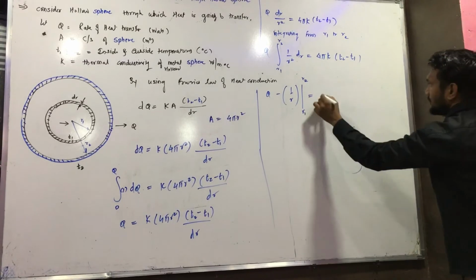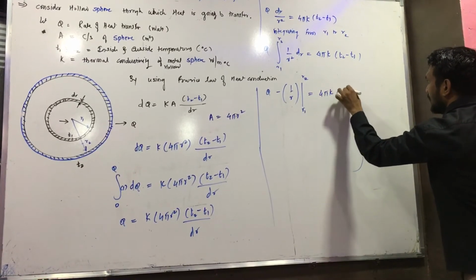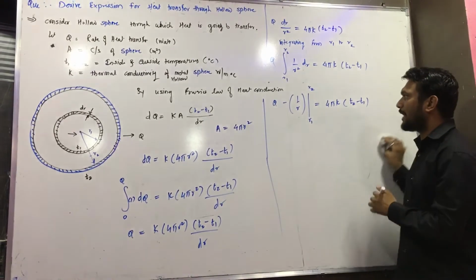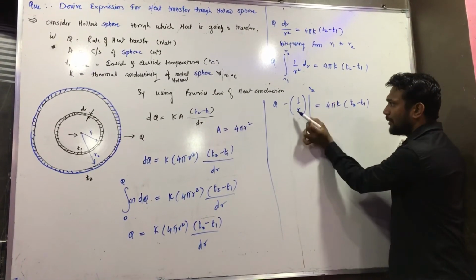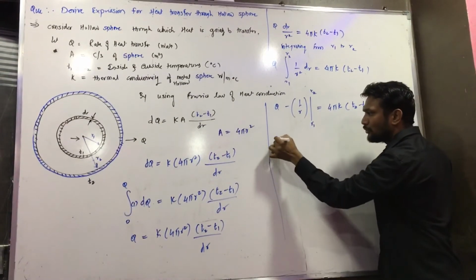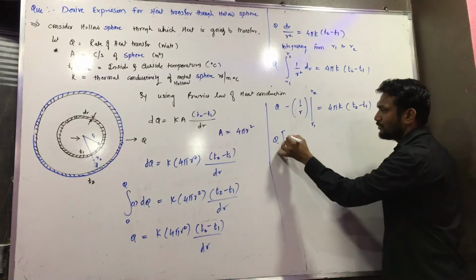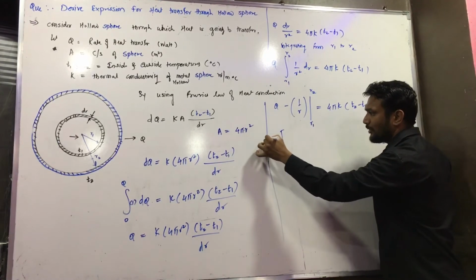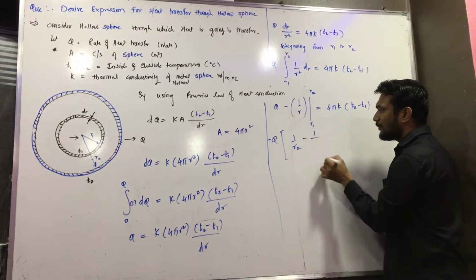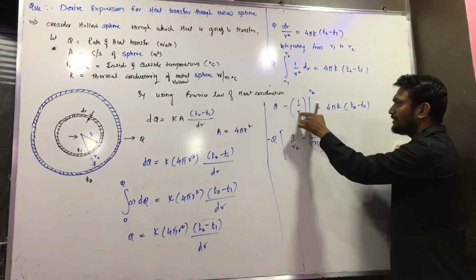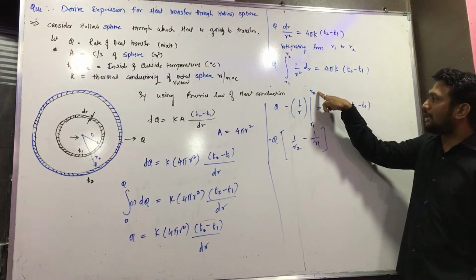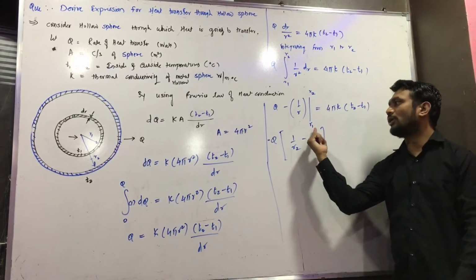The rest of the parameters stay as they are: 4 pi k (T2 minus T1). Now replace the limits: first put the upper limit, then the minus sign, then the lower limit. So the minus sign is outside, 1 upon the upper limit R2, minus 1 upon the lower limit R1.